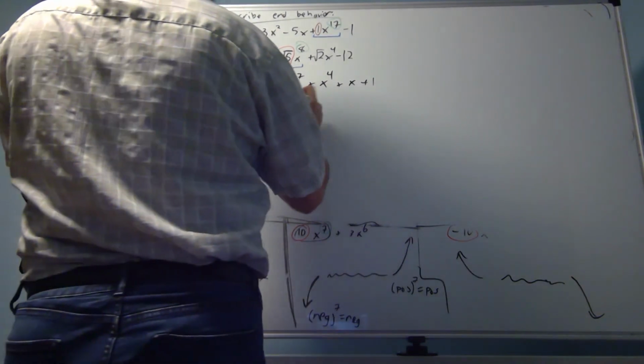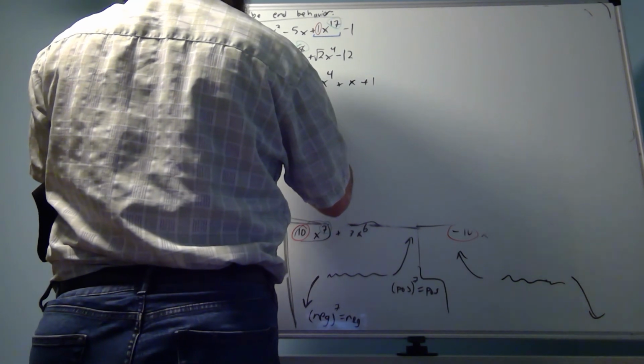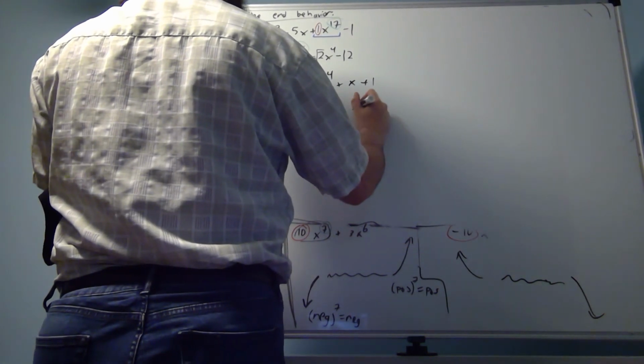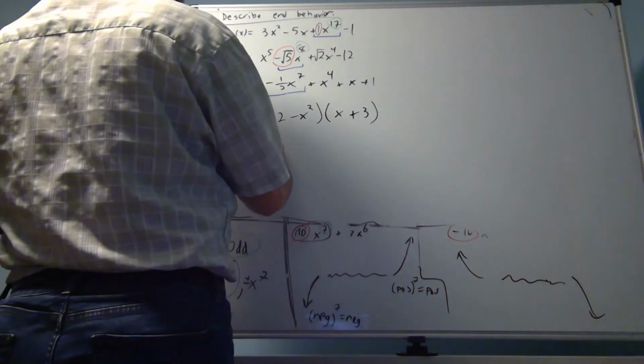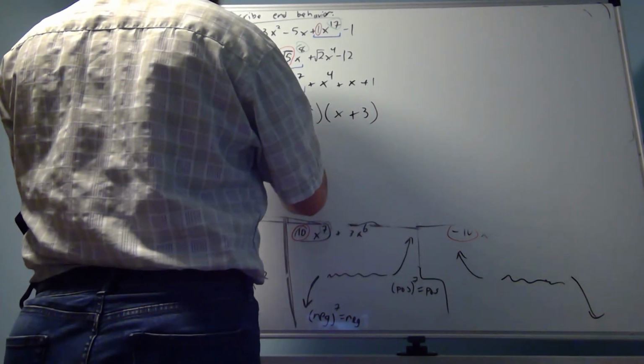f of x equals 2 minus x squared times x plus 3. Okay. I could include even more if I wanted to, but let's not. Let's just multiply this out.